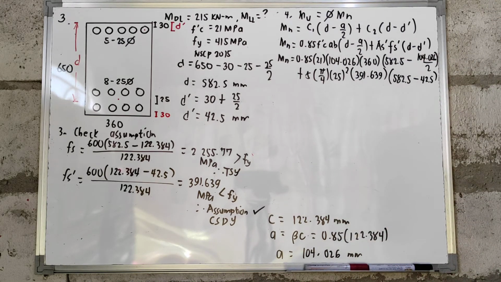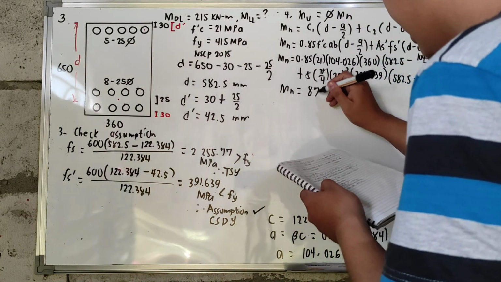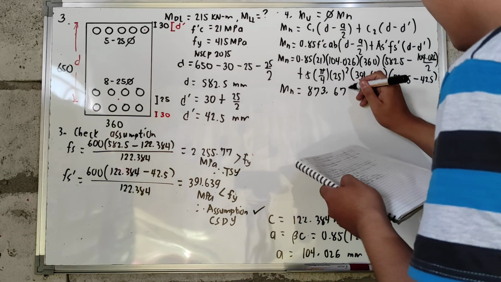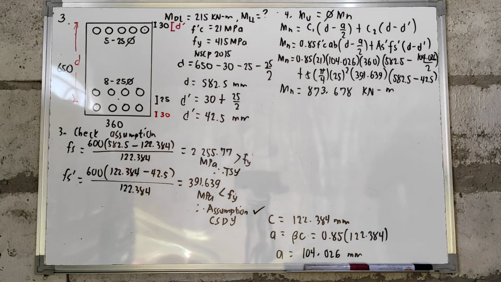So the value of your nominal moment is now equal to 873.678 kilonewton meter. So for this one, yung problema na lang is what will be the value of your reduction factor? So paano po natin kukunin yung reduction factor natin? So one way para makuha natin yung reduction factor natin, pwede tayong tumingin dito sa value ng Fs natin.